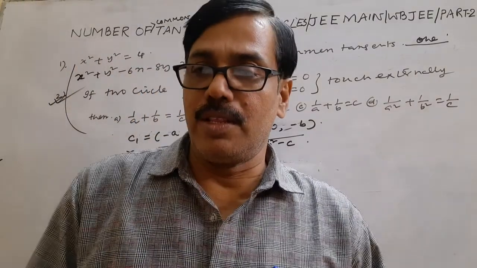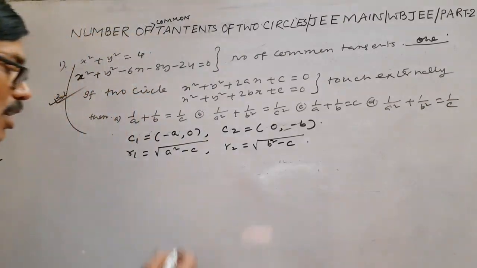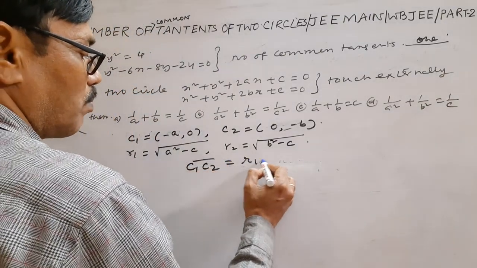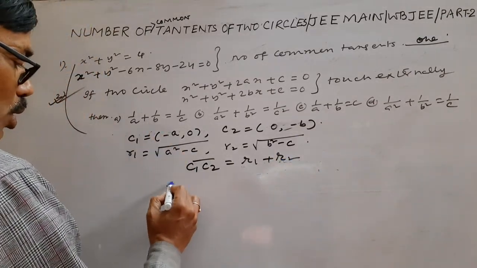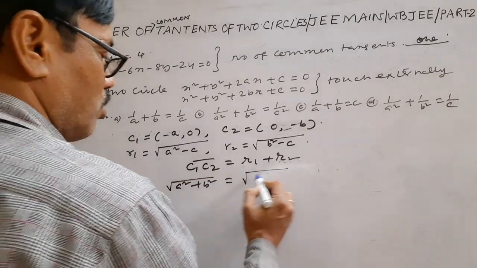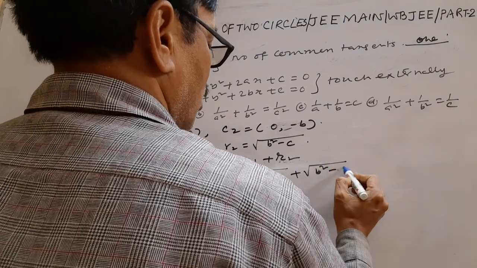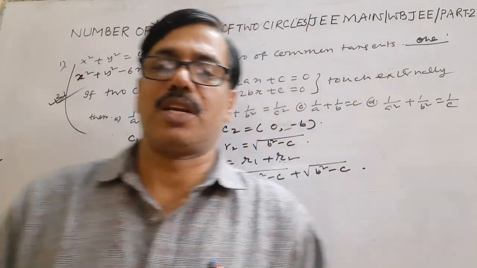It is given that two circles touch externally. Therefore C1C2 equals R1 plus R2. Now, what is C1C2? Root over a square plus b square equals root over a square minus c plus root over b square minus c. So this is the given condition.